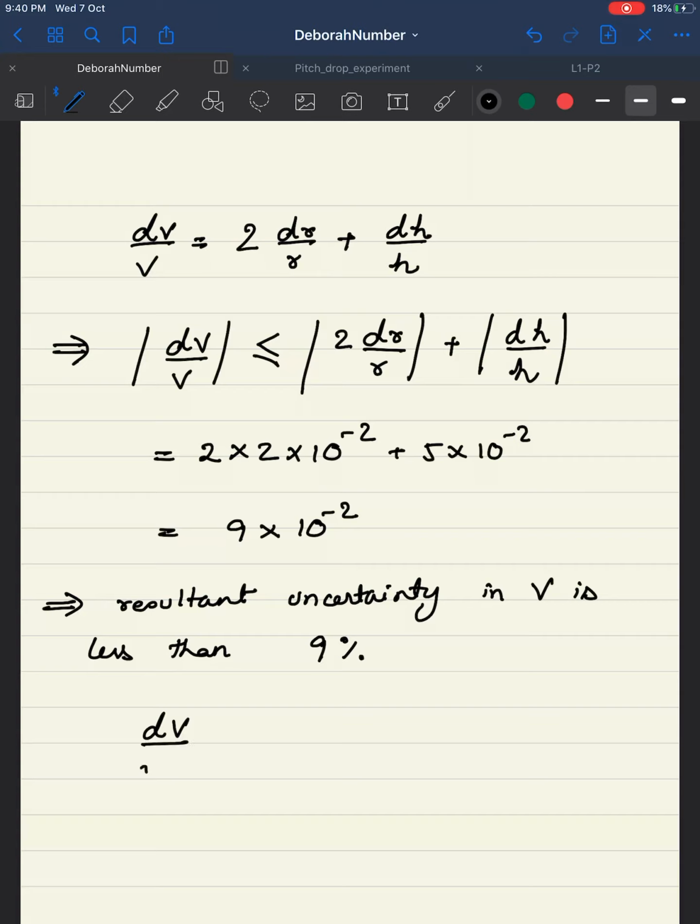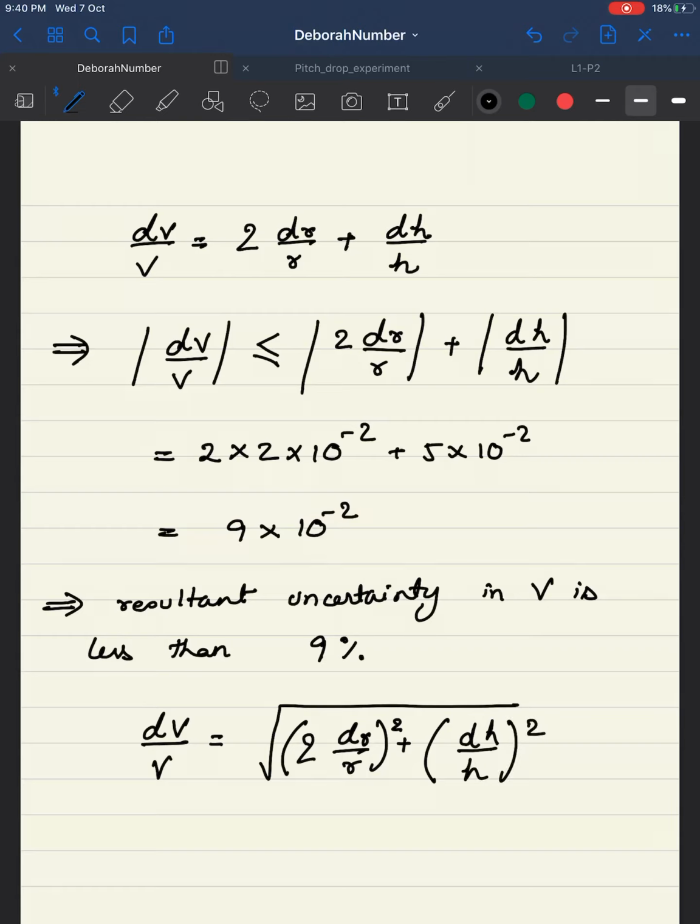So, if you want to use that, then dV by V will be equal to the square root of (2 dr by r) squared plus (dH by h) squared, or basically less than or equal to. So, this is the root mean square estimate for the error.